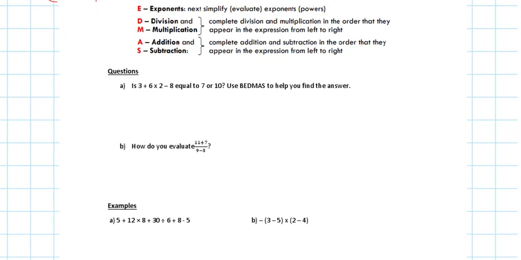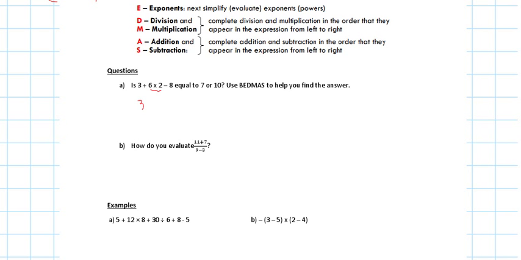So that's going to be 3 plus 12 minus 8. Okay? Now, in order to find my final answer, now I can do 3 plus 12, and then I'm going to take away 8. 3 plus 12 is 15.